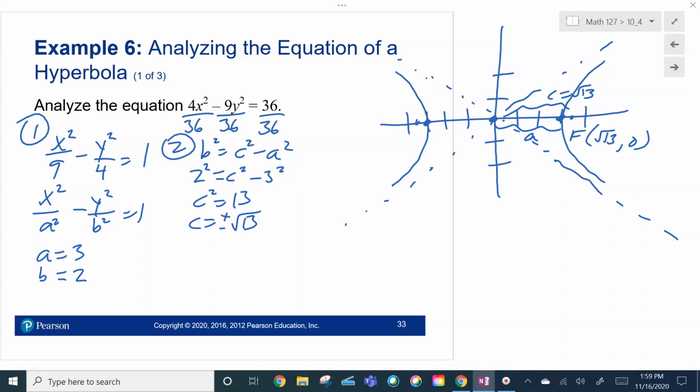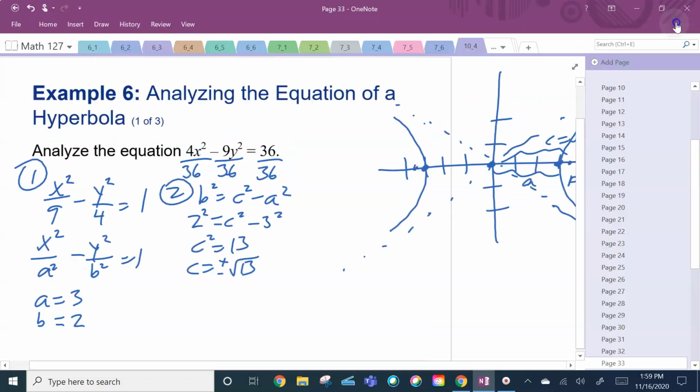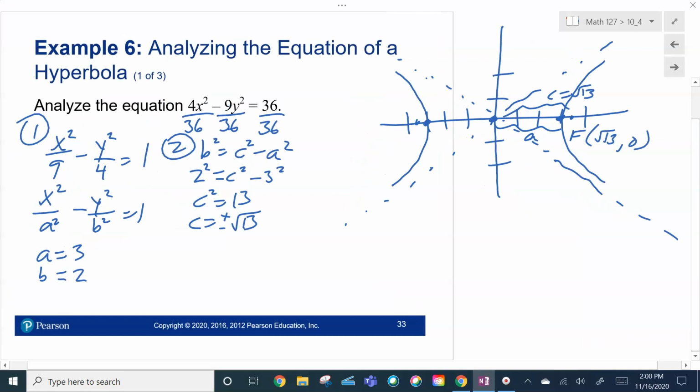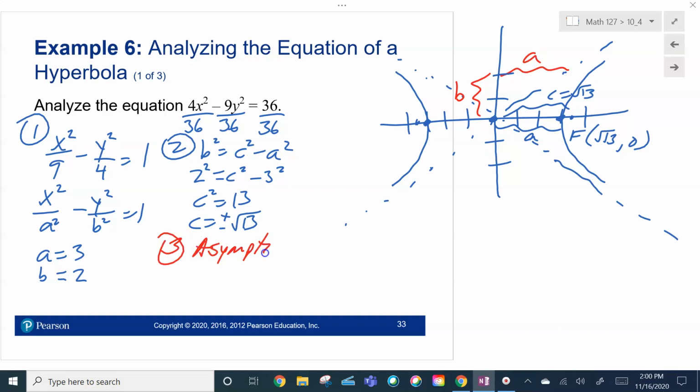Okay, the asymptotes. I'm going to go up b, so up 2, and over a, which is 3. My oblique asymptotes, or slant asymptotes, are y equals plus or minus b over a x.